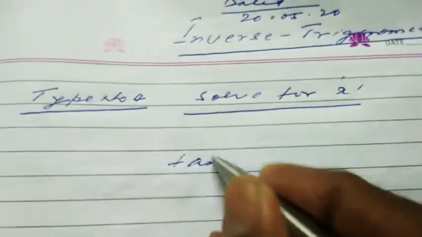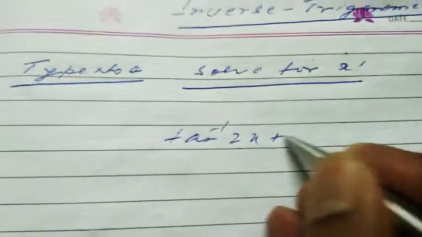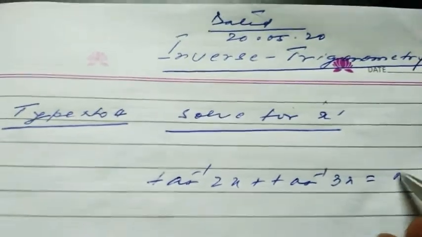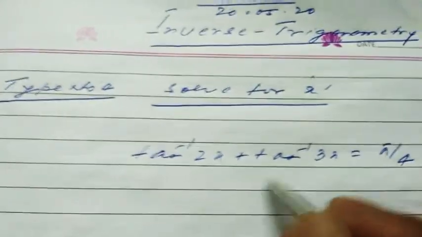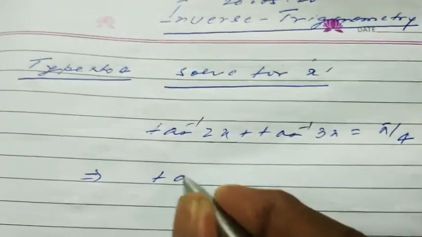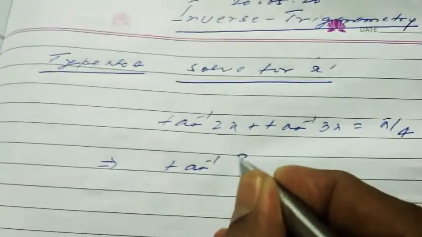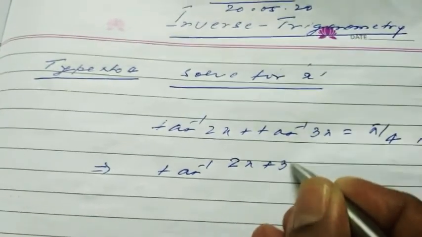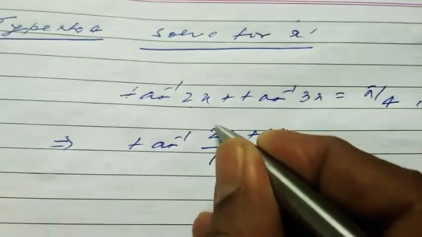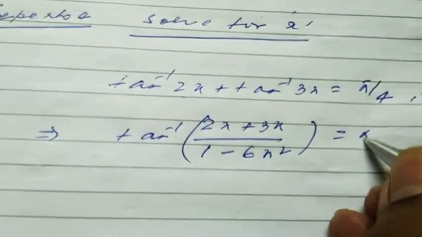Tan inverse of 2x plus tan inverse of 3x is equal to pi by 4. How will we solve it? We have a result for tan inverse x plus tan inverse y, for x greater than 0. So we can go with tan inverse of (2x plus 3x) upon (1 minus 6x squared), and it will be equal to pi by 4.